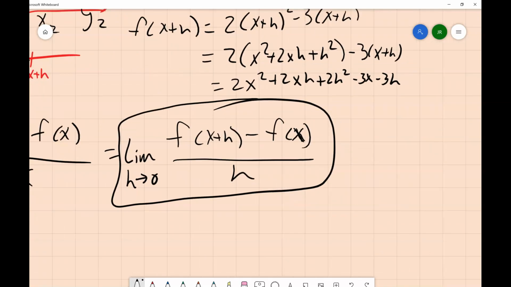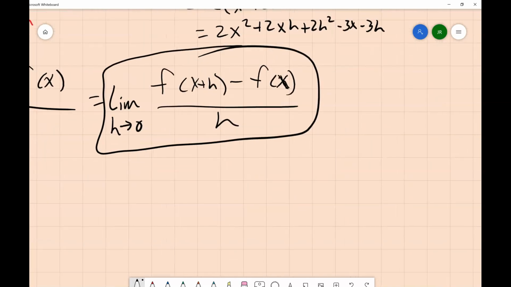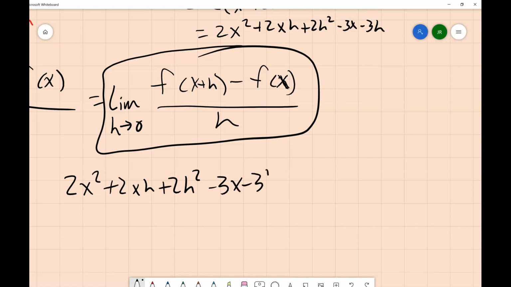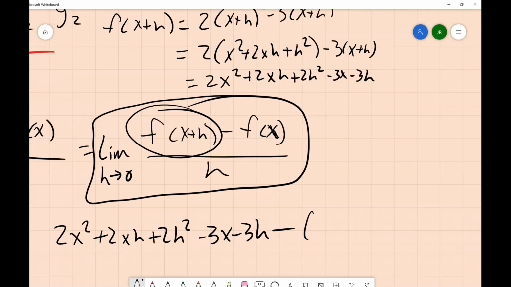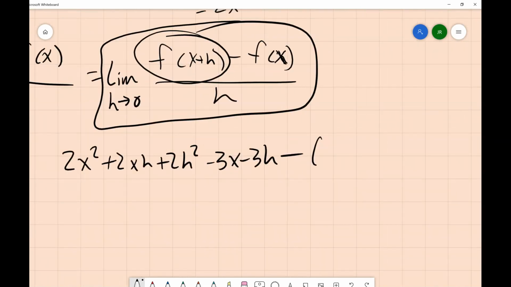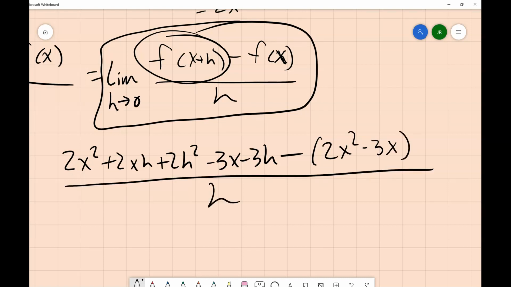Now let me apply that down here. So this is going to be 2x squared plus 2xh plus 2h squared minus 3x minus 3h, minus, that's the whole f of x plus h, minus f of x, which was 2x squared minus 3x, all over h.